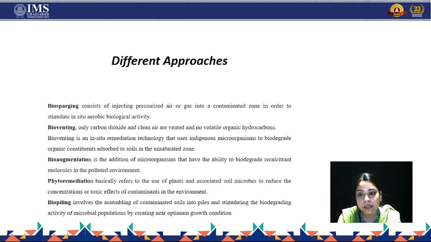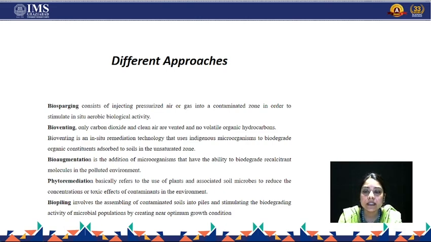In the phytoremediation process, we utilize plants and the plant-associated soil microorganisms to convert contaminants from the toxic form into the non-toxic form. And biopiling involves assembling the contaminated soil into piles, which stimulates the biodegrading activity of the microbial population by creating optimum conditions for the microbes.